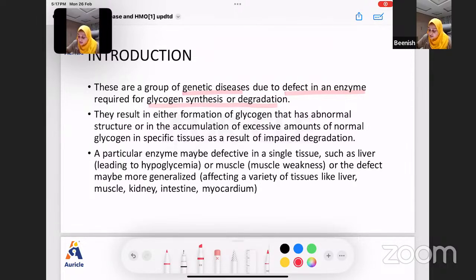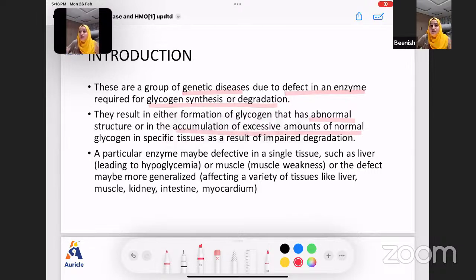They result either in formation of glycogen that has abnormal structure or in accumulation of excessive amounts of normal glycogen in specific tissues as a result of impaired degradation. So the glycogen that is accumulating due to the impairment of the degradation can be normal glycogen, accumulating in excessive amounts, or it can be an abnormal form of the normal structure of glycogen.